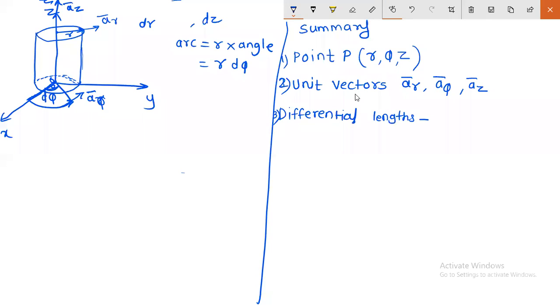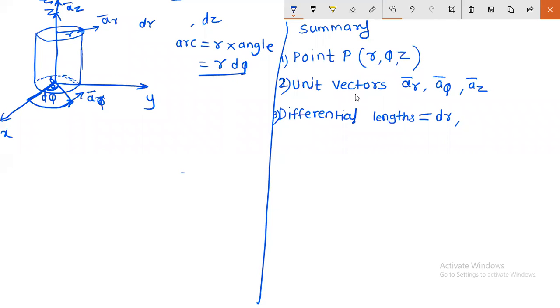Now tell me, what is the differential length for the r coordinate? dr. Yes, dr, correct. Then what is the differential length for the phi coordinate? This differential length is nothing but the arc. So what is that length? It is r into d phi. You cannot take only d phi, that is only your angle.